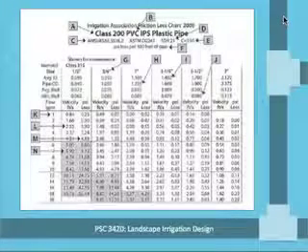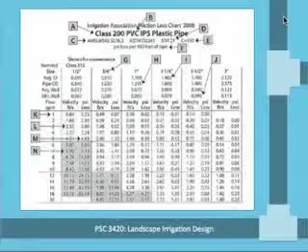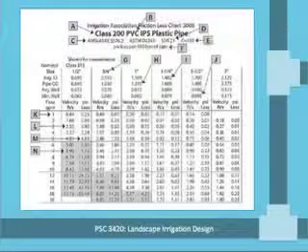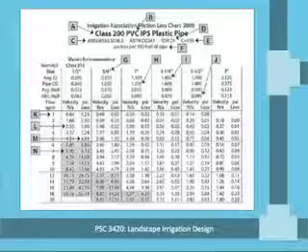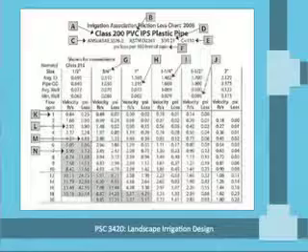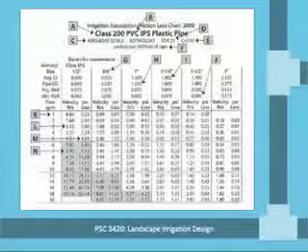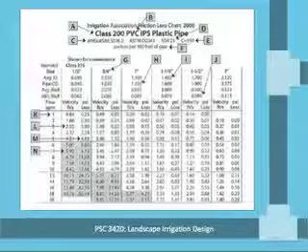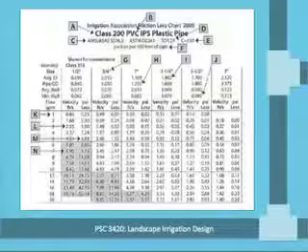All PVC IPS pipe of the same nominal size has the same outside diameter. For example, all 3/4 inch PVC irrigation pipe has an outside diameter of 1.050 inches. So all 3/4 inch slip fittings will fit on the outside of all types of 3/4 inch PVC pipe.